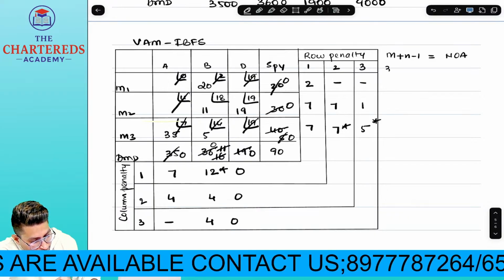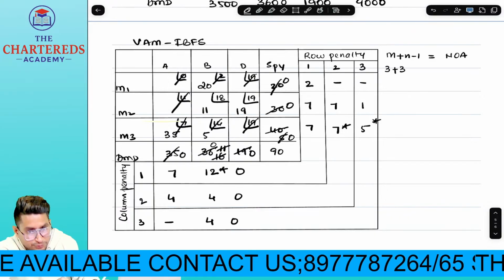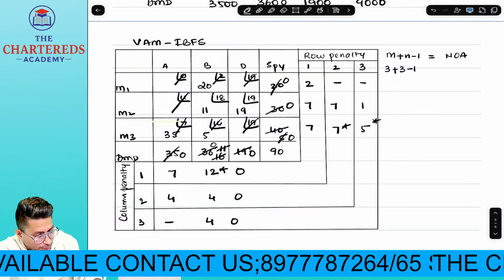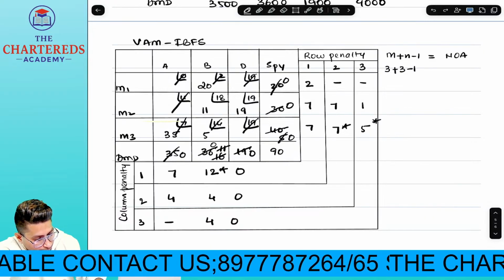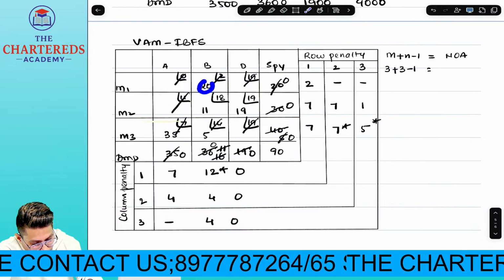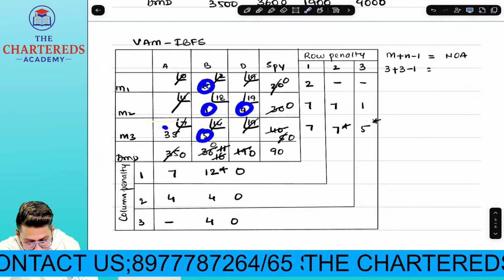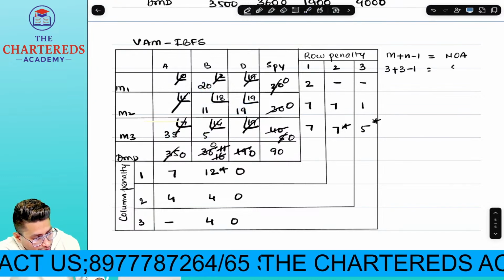How many rows we have? 3. How many columns we have? 3. 3 plus 3 minus 1 should be equal to 5. 1, 2, 3, 4, 5. Properly allocations done.